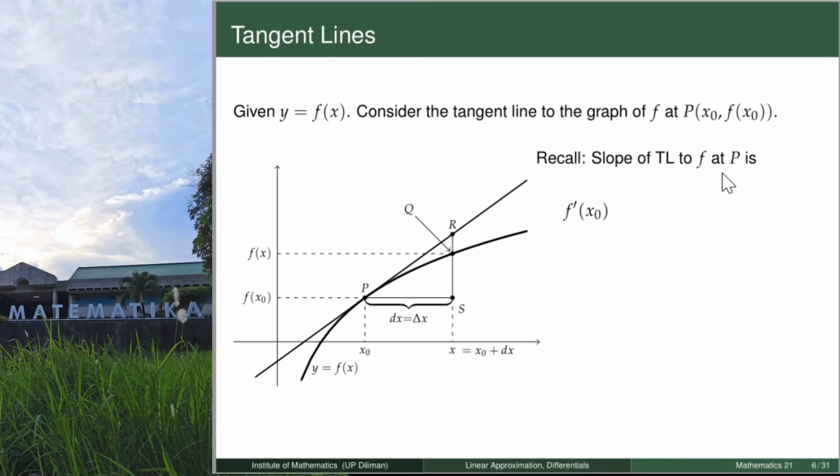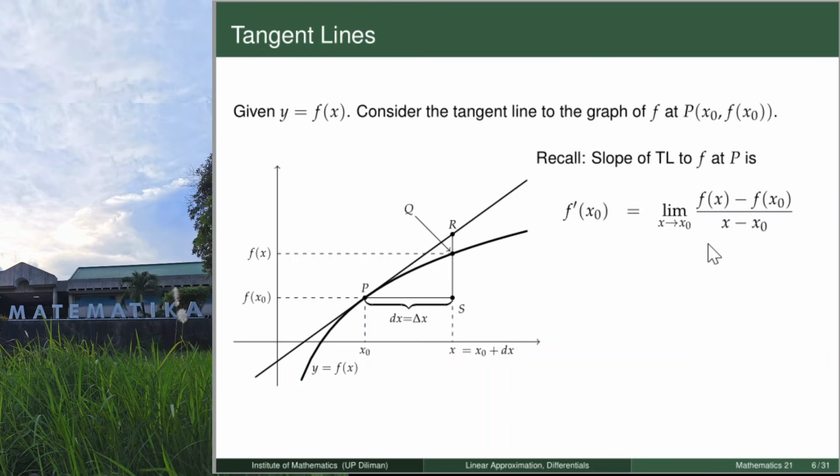Now, our question is, do you remember the limit definition of the derivative, f prime of x0? It's actually this one. It's the limit of, do you remember how this was derived?